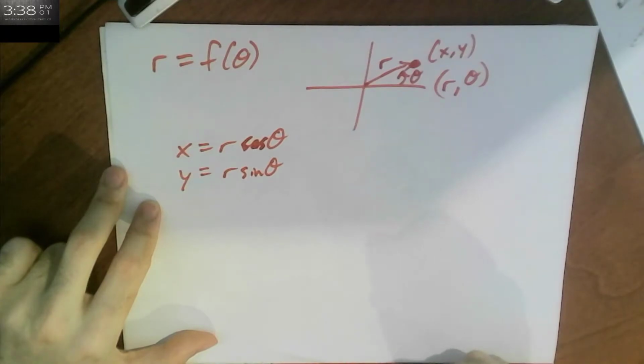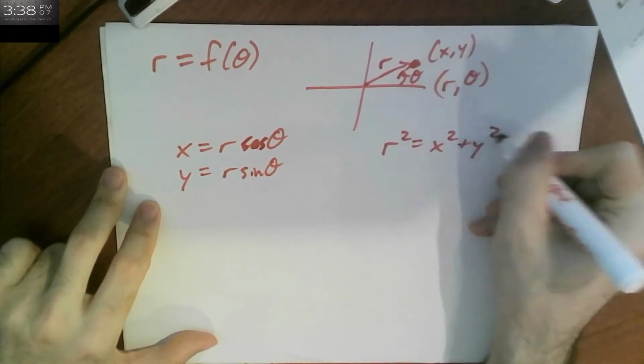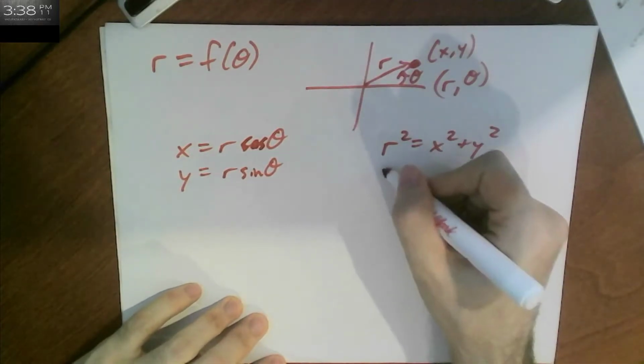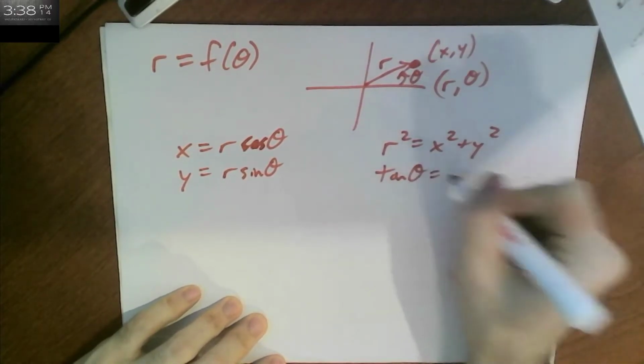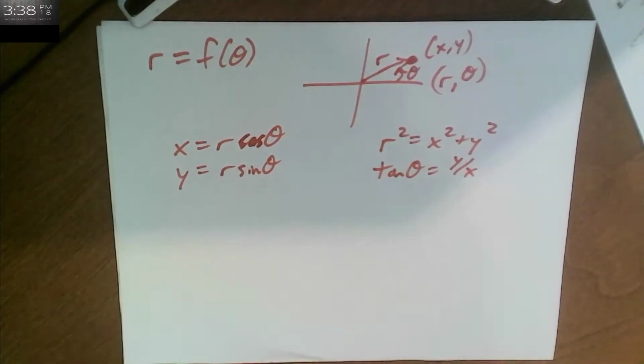The r there, the length from the origin, is the hypotenuse of that triangle, so r squared would be x squared plus y squared, you could solve for r, and for theta you could use any trig identity you want. My personal preference is to express the relationship with theta in terms of tangent, and you just have to be careful about which quadrant you're in.